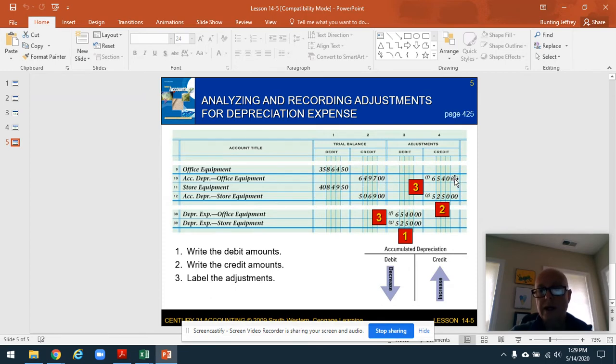So what we are doing is we are reducing the value of all of our office equipment by this amount for this fiscal year. And then we go do the same thing with our store equipment. So this is our accumulated depreciation from our prior year's total. Then we make an entry for this year, and then we make an entry in the corresponding expense accounts. Okay, so far so good.